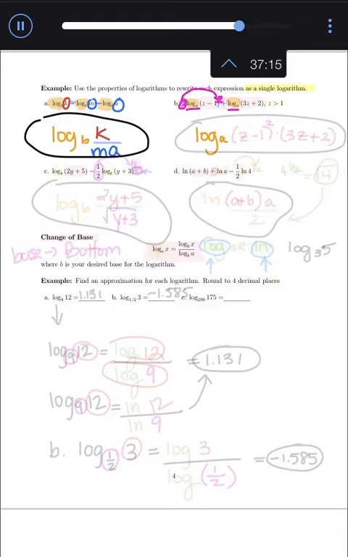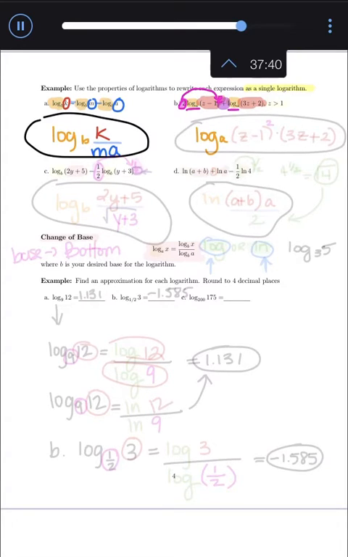Okay, well, now I can bring together these two pieces that I have, the z minus 1 squared and the 3z plus 2. Remember, before we broke up multiplication with a plus, we're doing the reverse. We're taking the plus that's already broken up and bringing them back as multiplication.